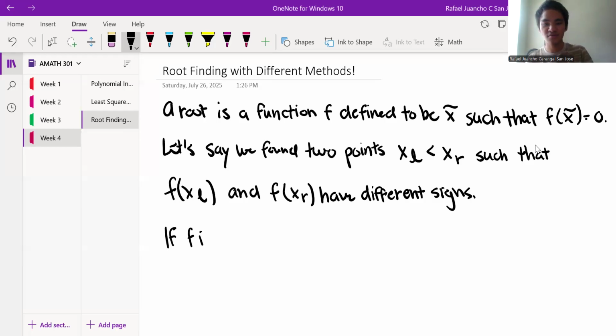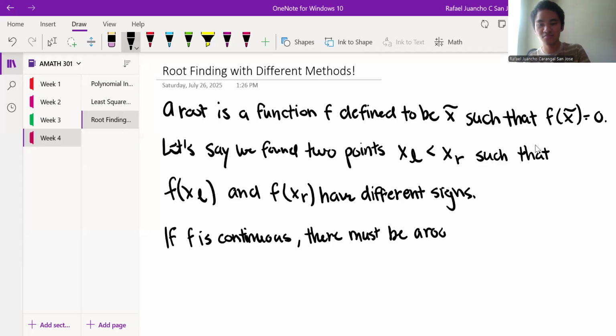So if f is continuous, there must be a root between these two values, right?